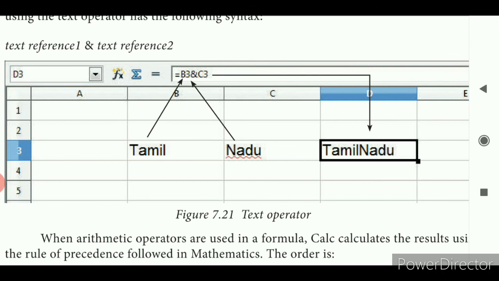If you want to concatenate these two texts and bring one single text, Tamil Nadu, you have to use the concatenation operator, the ampersand symbol. So B3 ampersand C3, as you see in the formula bar.